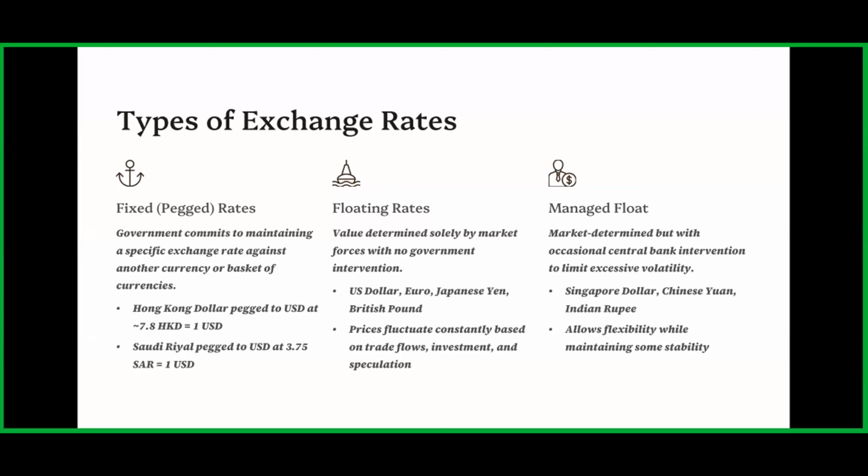The government commits to maintaining a specific exchange rate against another currency or a basket of currencies. How do they decide? They mutually decide. If the US president and the prime minister of India took a meeting and decided that 20 rupees is equal to 1 US dollar for the next 5 years, it is a mutual understanding.